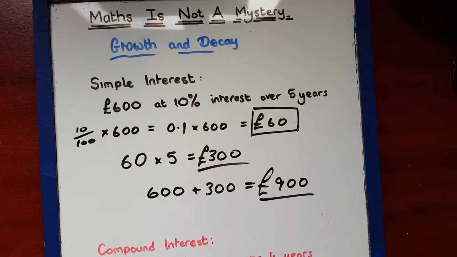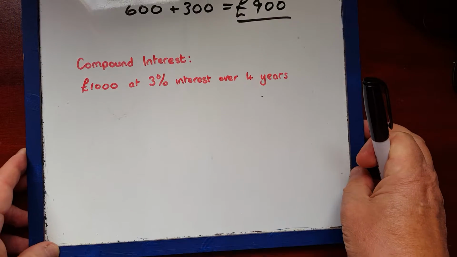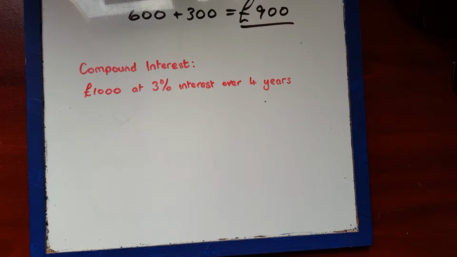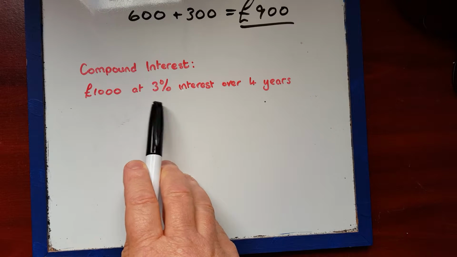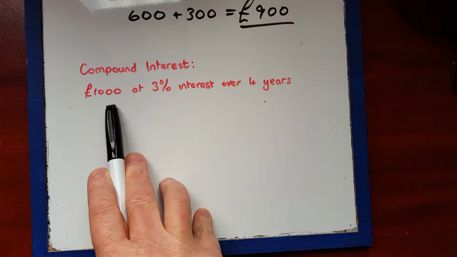Now when we go to compound interest, it looks the same as a question, but it's not. It's harder. And this, unfortunately, is the kind of interest that usually exists in real life. Why is it called compound interest? Well, basically, every year your interest is added on and it changes your original amount.